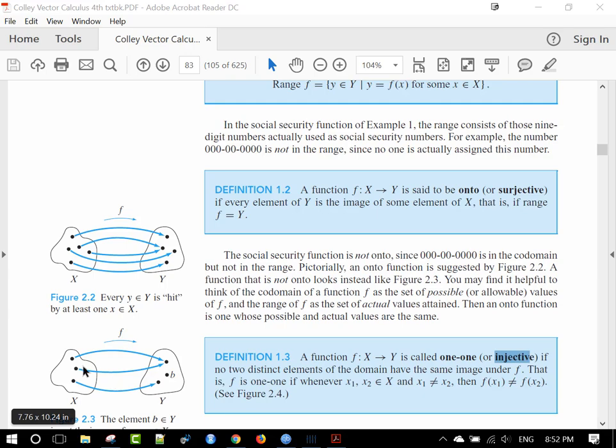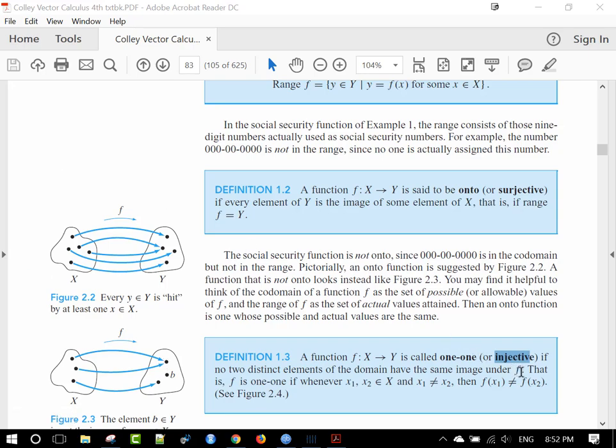So if no two distinct elements of the domain, here and here, go to the same element in the range, then it's called one-to-one. So this is not one-to-one, because we have two distinct elements going to the same one.